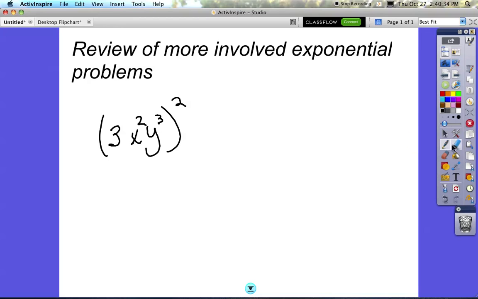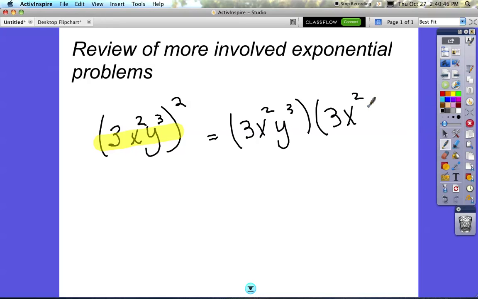So you've got this whole base, and it is squared. So what you could do is say 3x squared y cubed and multiply it by itself because it is squared. So then you would do like you did in the last problem.